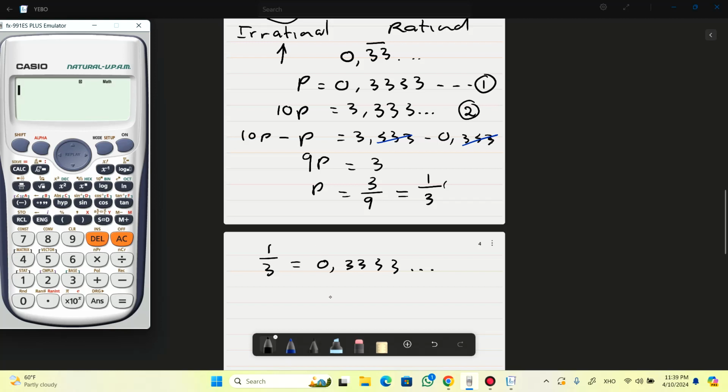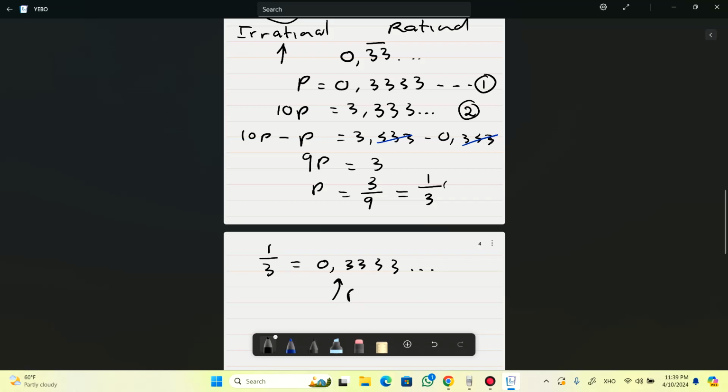So this is a rational number. Why is it a rational number? Because I was able to change it to this form, m over n, where 1 is an integer and the 3 is also an integer.